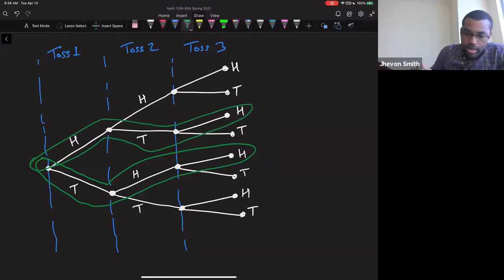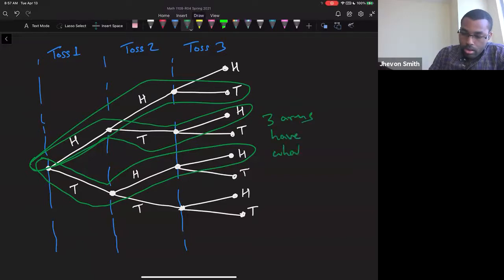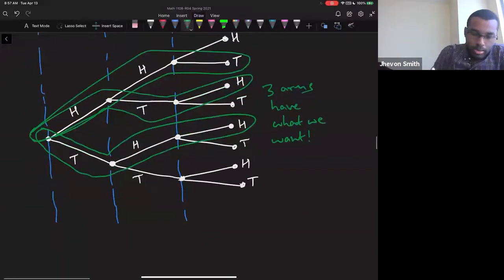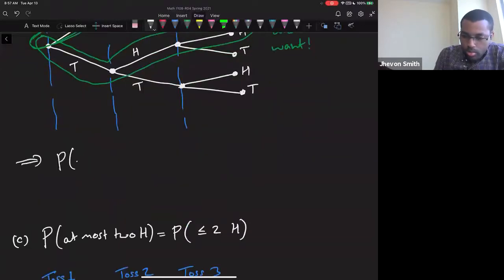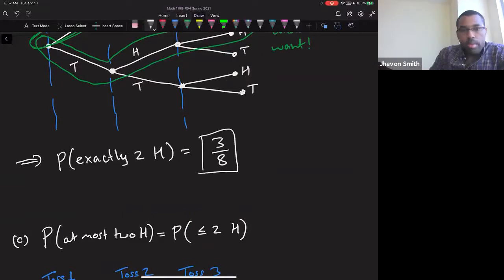And then I can pick 2 heads and then a tail finally. Again, 3 arms have what we want. You can count these all on the same diagram. So the probability of exactly 2 is also 3 out of 8.